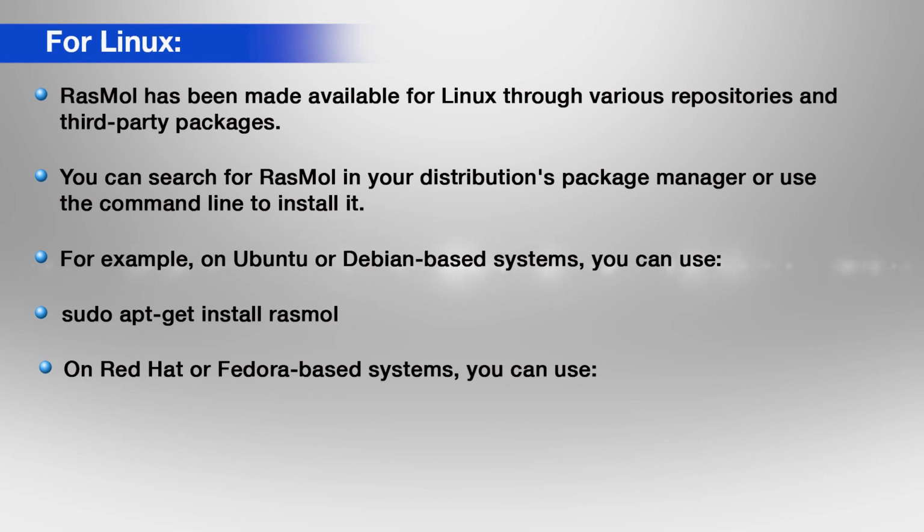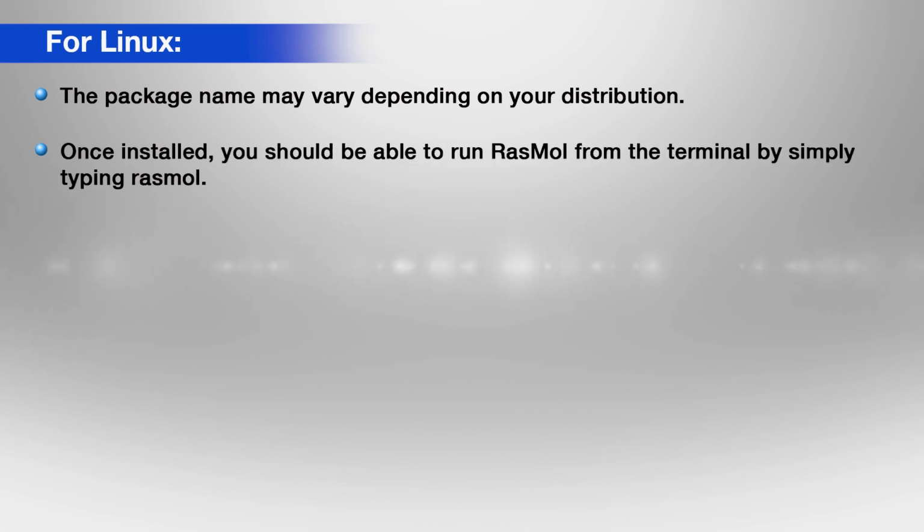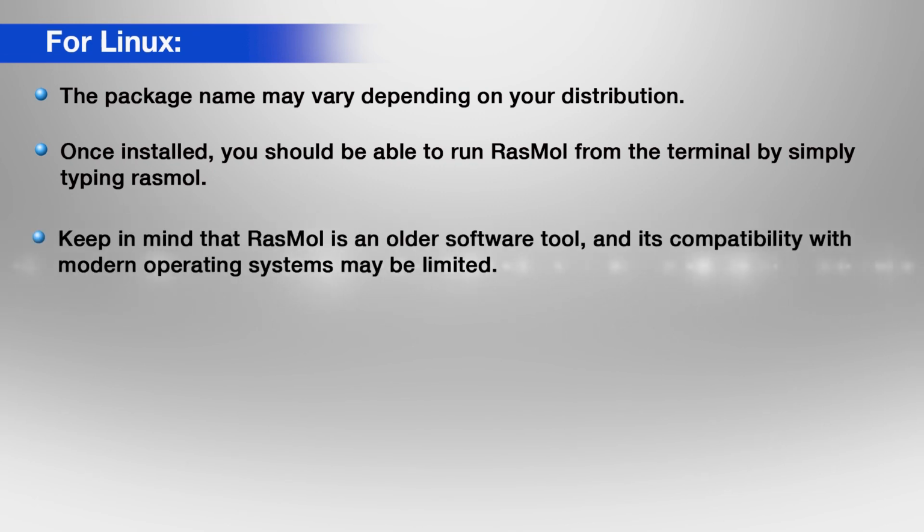On Red Hat or Fedora based systems, you can use sudo dnf install rasmol. The package name may vary depending on your distribution. Once installed, you should be able to run RASMOL from the terminal by simply typing rasmol. Keep in mind that RASMOL is an older software tool and its compatibility with modern operating systems may be limited.